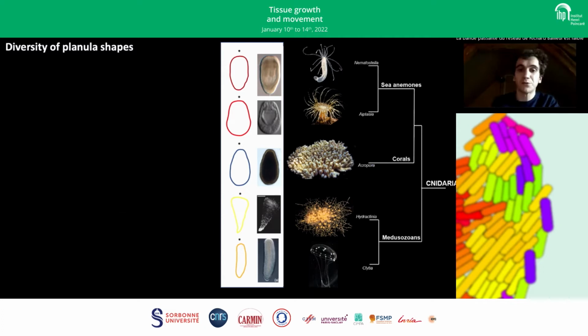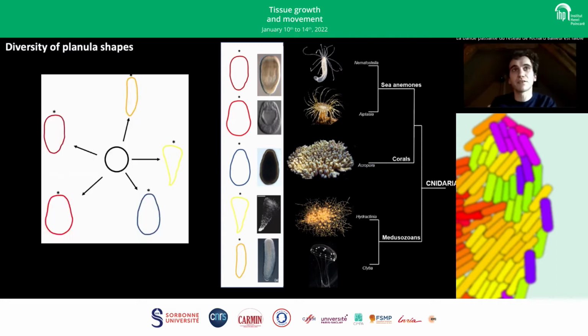So for my project, I am using this natural variation, this diversity of larval shapes, and I carry out comparative approaches. Namely, I am looking for common points and differences in the elongation process between the species, and I am using mathematical modeling to find the parameters responsible for these differences in elongation.